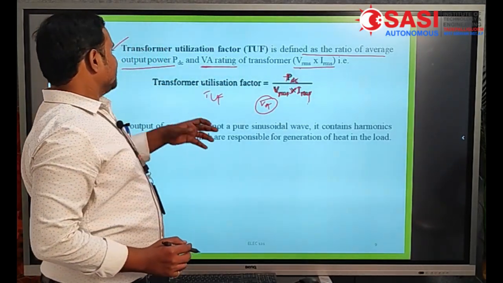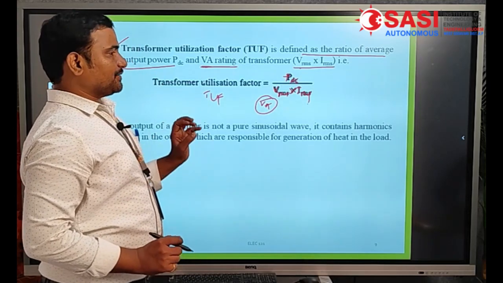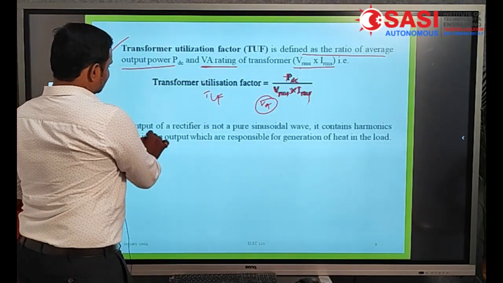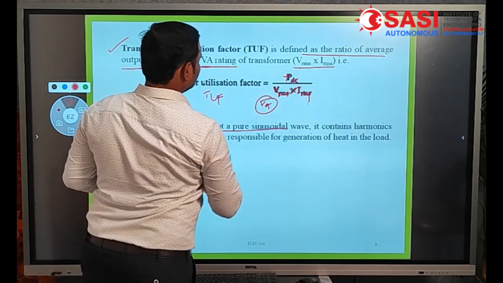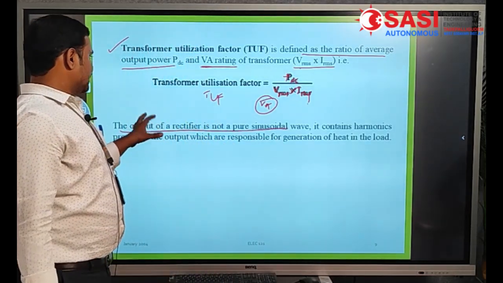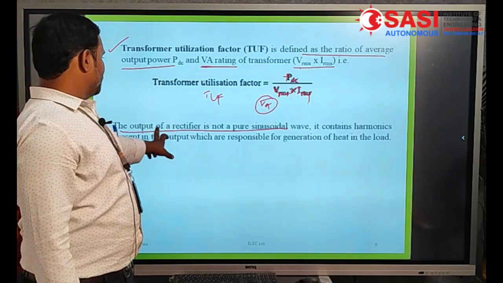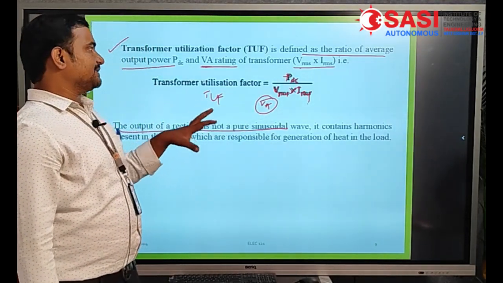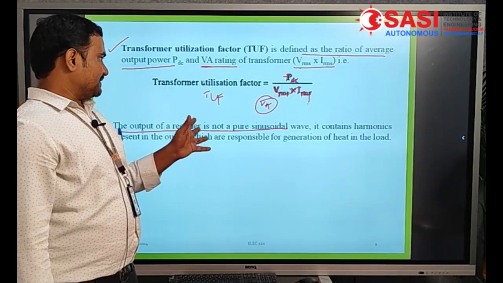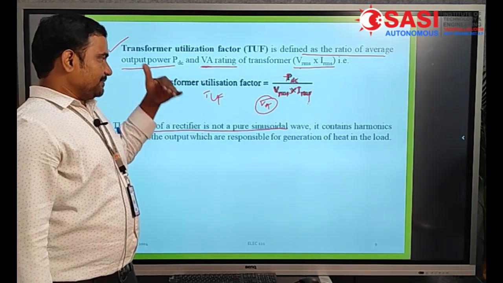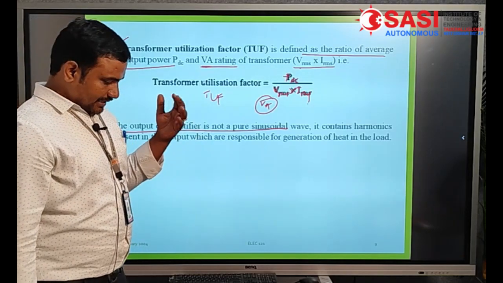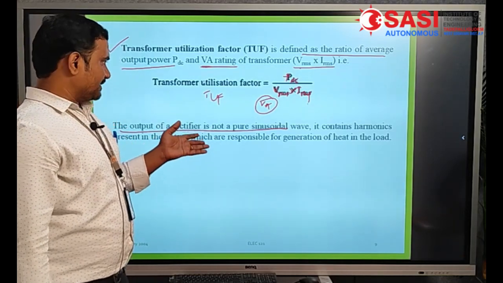So for operating this circuit, what is the significance or outcome we can take from the circuit diagram? We can make one statement: the output of a rectifier is not a pure sinusoidal waveform. Because of the discontinuity of thyristor conduction in the positive half cycle and negative half cycle, it will not allow reverse voltage or currents.